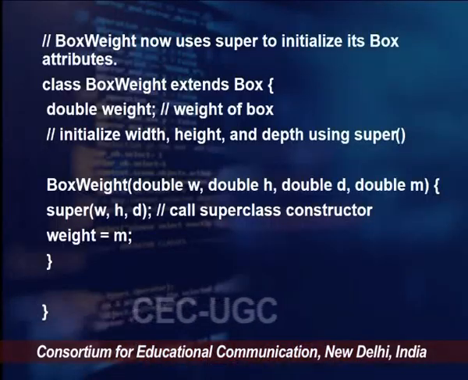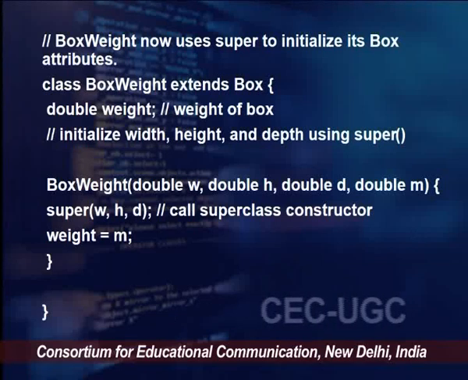So within the constructor of the subclass, we can call the constructor of the superclass with this statement, but the condition is that it should be the first statement executed inside the subclass constructor.